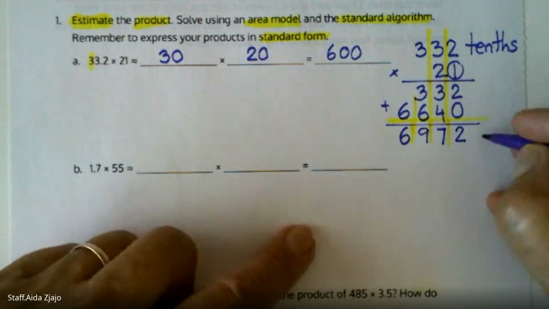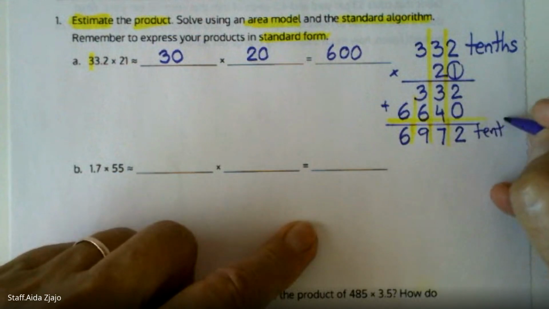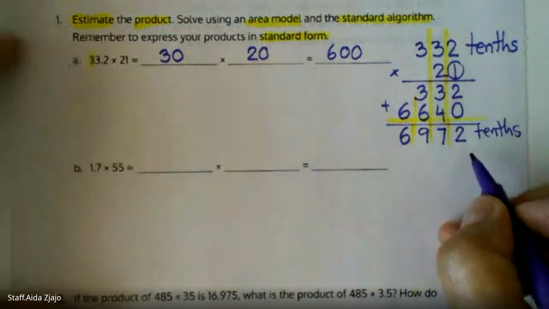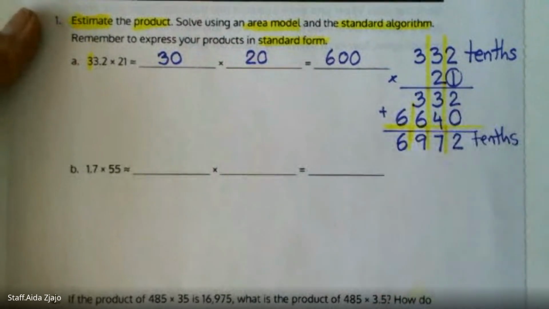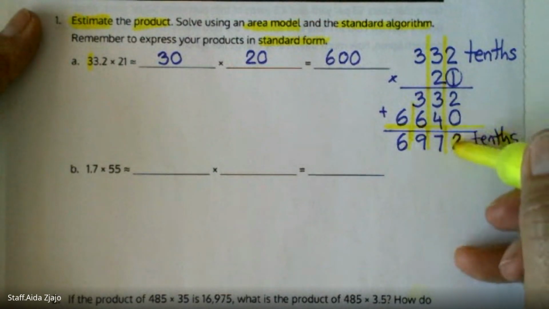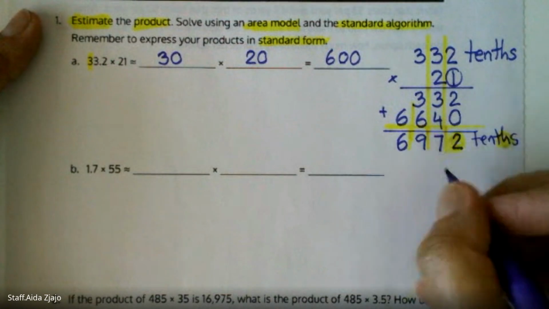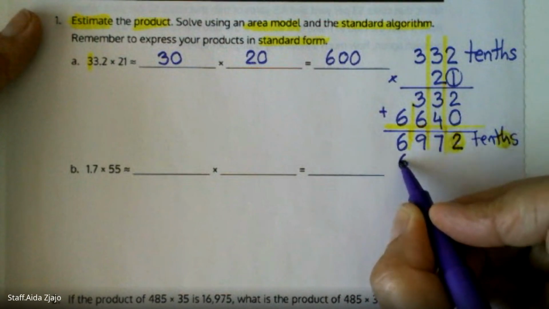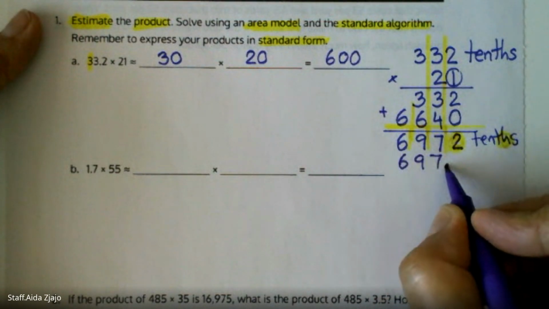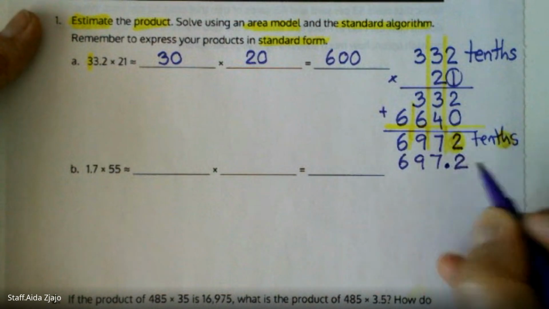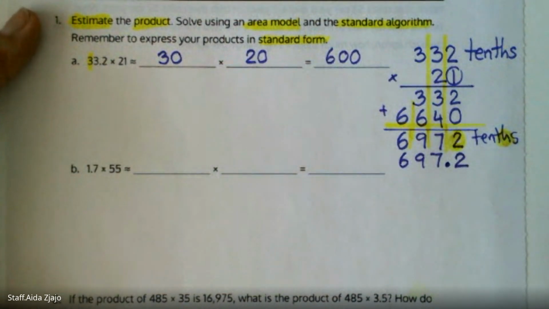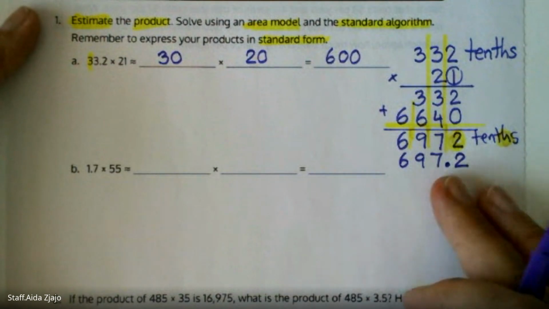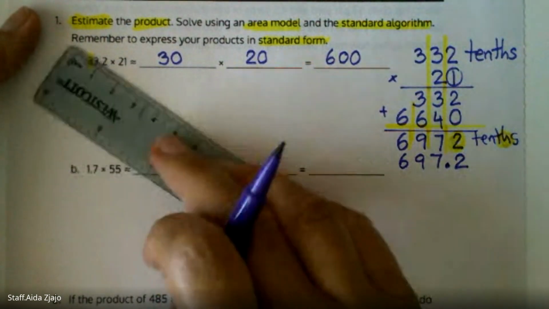If they are tenths, in our decimals it should say tenths at the end. That means the tenth represents only one place value after the decimal. So that is going to be 697 and 2/10. So that will be the final answer in standard form.